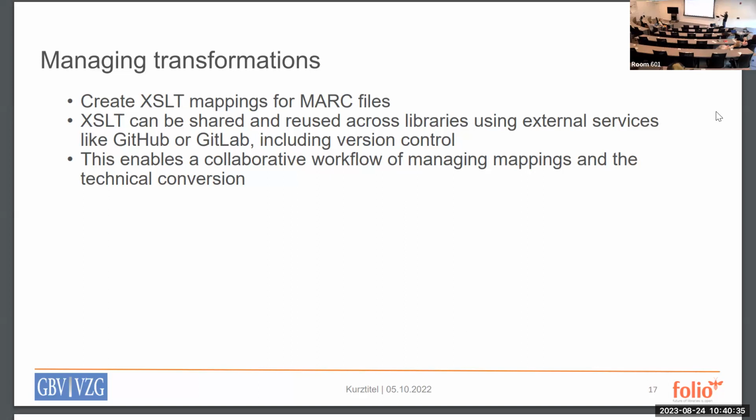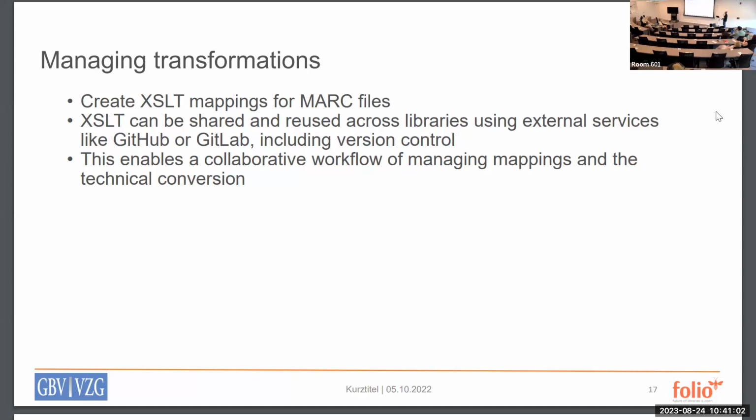There are different versions, XSLT 1, 2, and 3. They build up on each other. And the really nice thing is it's just a text file. You can use a Windows editor. You can use something more elaborate like Notepad++, or you can use an IDE. That is what we do. You have an IDE, you have support for the language, and you get auto-completion and stuff like that.